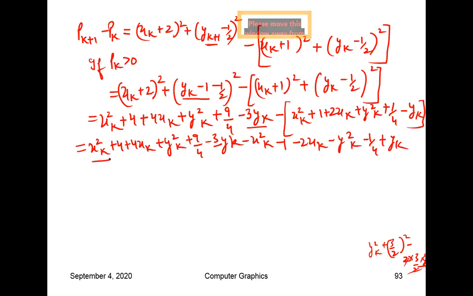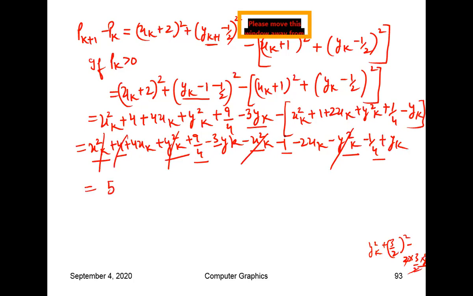Okay, now we'll see x square k and x square k get cancelled. Y square k, y square k get cancelled. Now this 4, this 1, 3, and this 9 by 4 minus 1 by 4, that is 2. So 4 plus 2, 6 minus 1, this becomes 5.